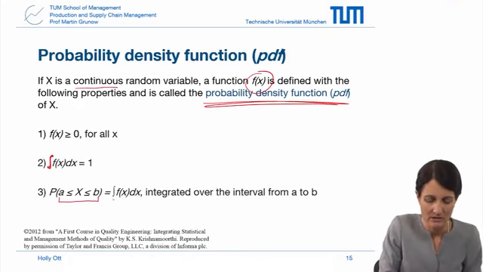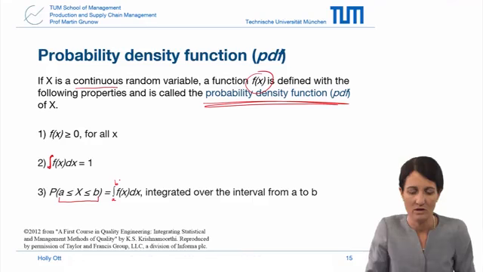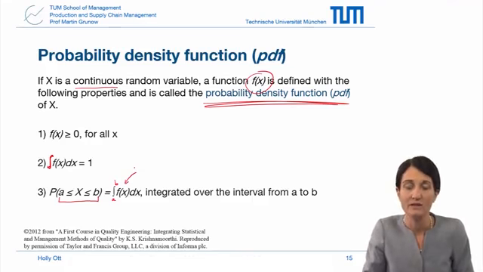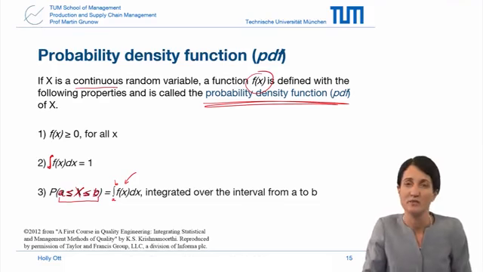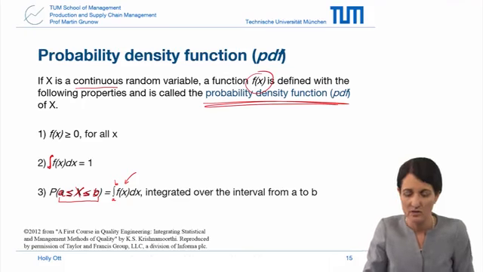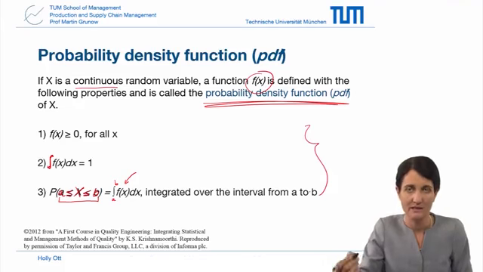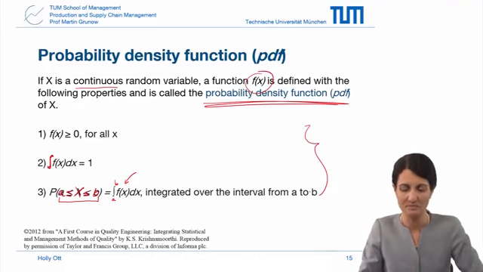And what we're going to do then is take the integral of our f of x from a to b, and that will give us the probability that x is in the interval from a to b, that a is less than or equal to x, is less than or equal to b. So such a function, f of x, is called the probability density function of the continuous random variable. So you can see this is analogous to our PMF situation.